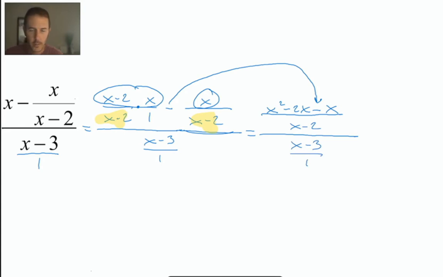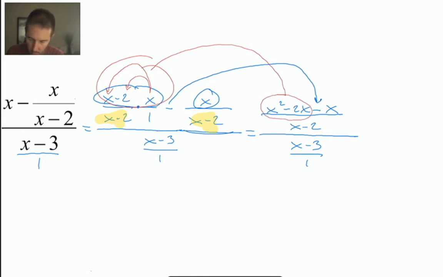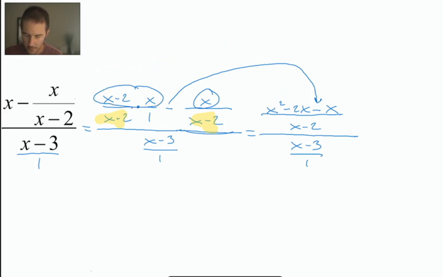So again, in the big numerator, I multiplied this x times this negative 2 and this x times this x, giving me this x squared minus 2x. That's where that came from. Keeping that. Okay.